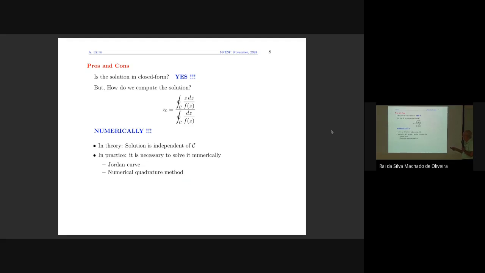It's necessary to define a Jordan curve. Forget the word Jordan, it doesn't add anything. It's just a technical word, just a circle or whatever other closed line. And also it's necessary to define which numerical quadrature method we are going to use to solve that.